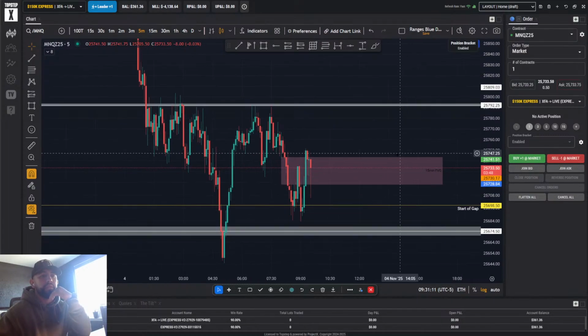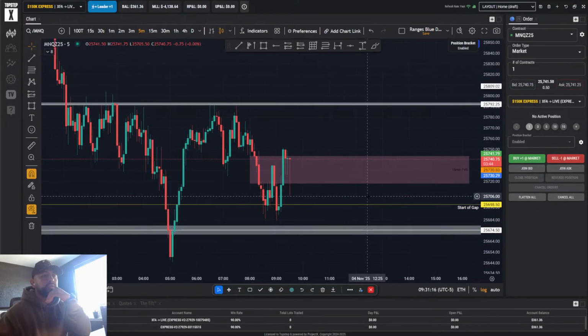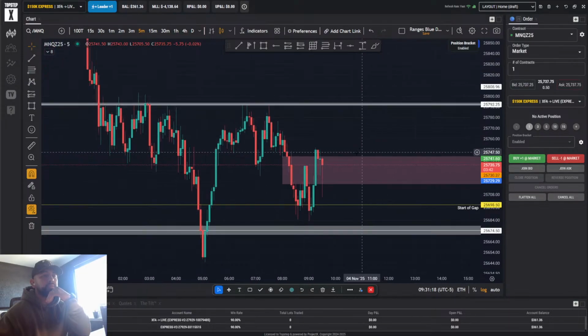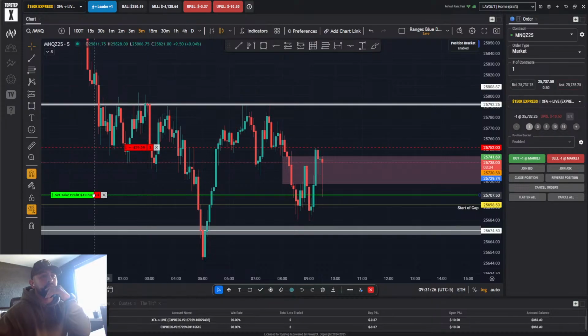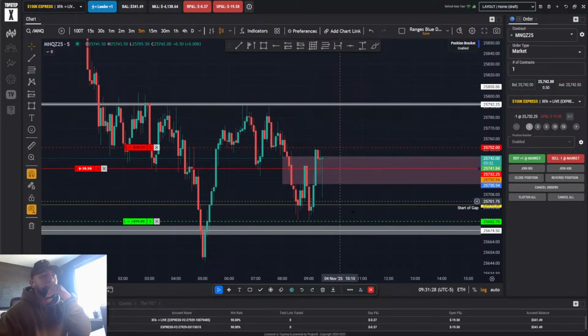If we tap into 50s, we're gonna reject. I'm gonna take a short here. Stop just above the 50s. I want to see lower prices.